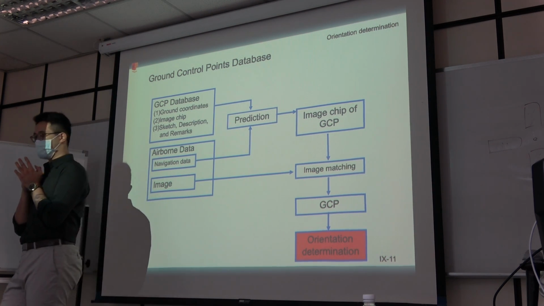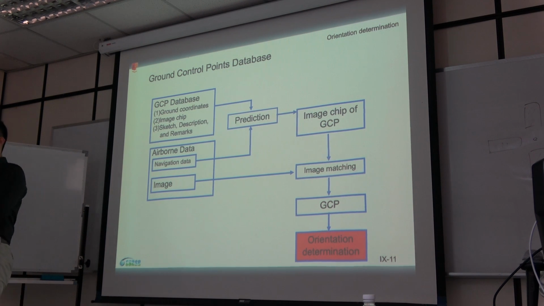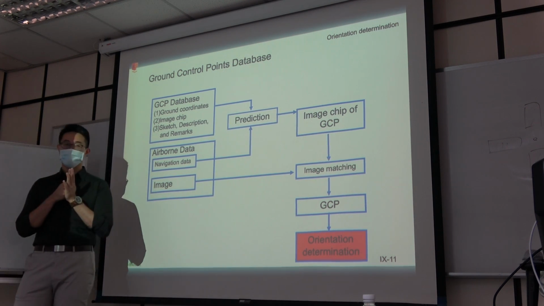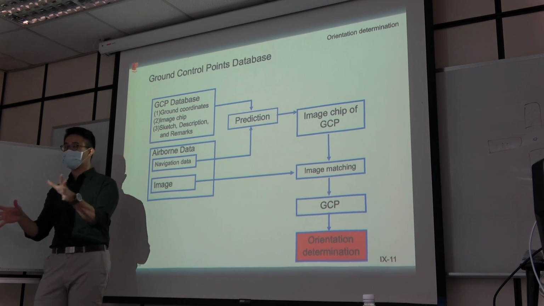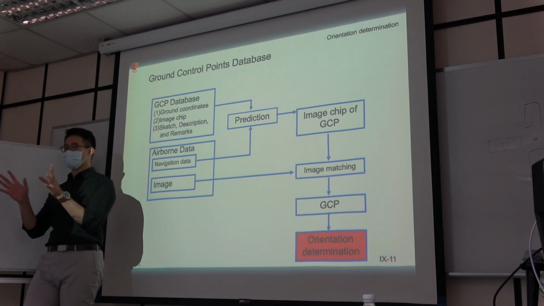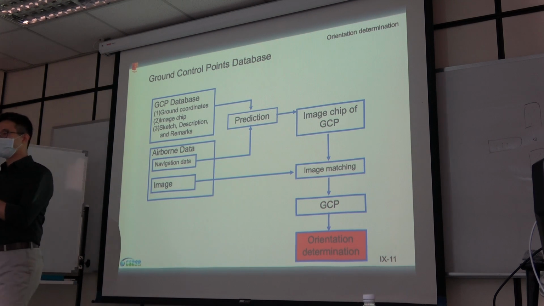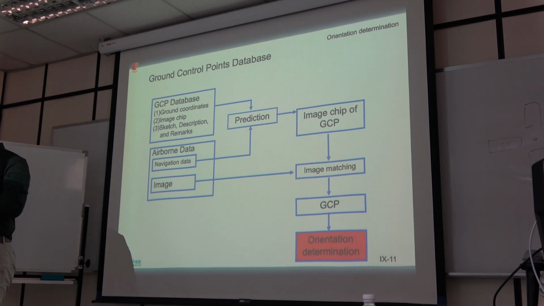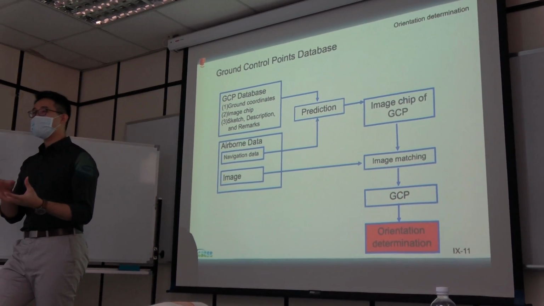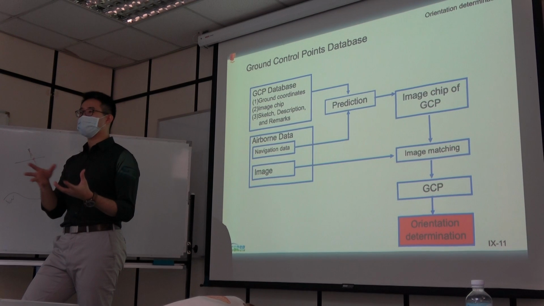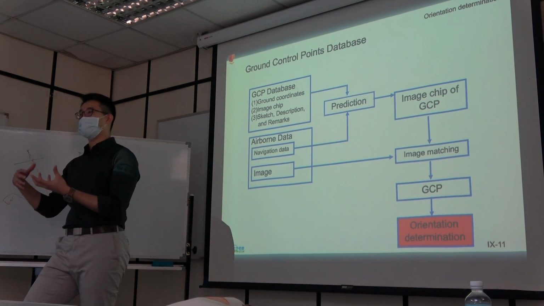Like I said, when you are going to maintain a GCP database, it's very costly, and the distribution of the GCP may not be good enough as well. Because you are working on the homework, you should know that when you are performing any transformation with the GCP, if the GCP distribution is not good enough, then you have larger error.